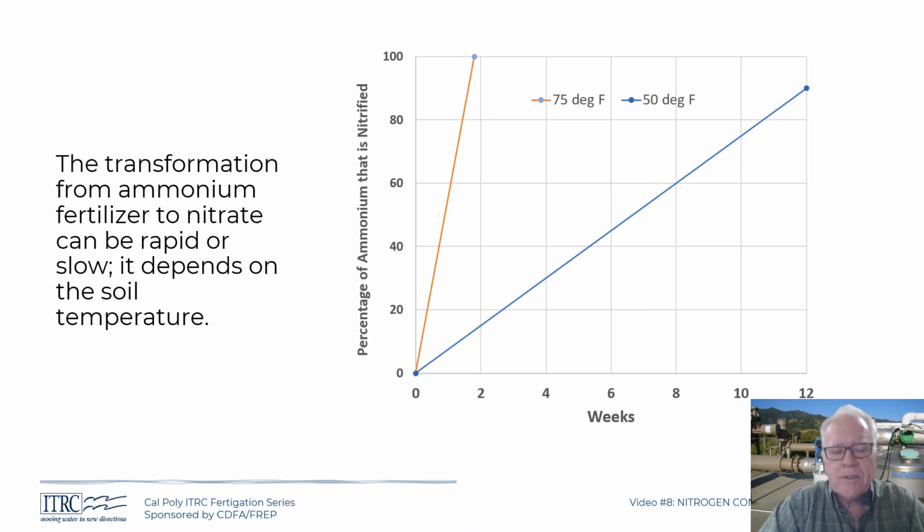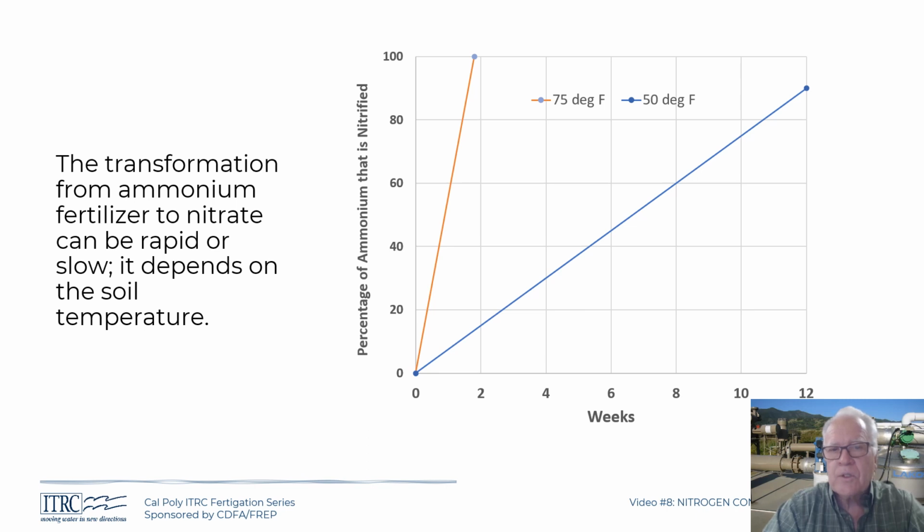Now this transformation, because it's a biological or actually microbiological process, really depends on things like availability of water and also temperature. And this little graph, this figure, just shows what happens with two different temperatures in the soil. You see on the left, that one is 75 degrees Fahrenheit, and it shows that 100% of ammonium, that's NH4, that's in the soil, you put it in as fertilizer, it'll transform to nitrate within 2 weeks or so.